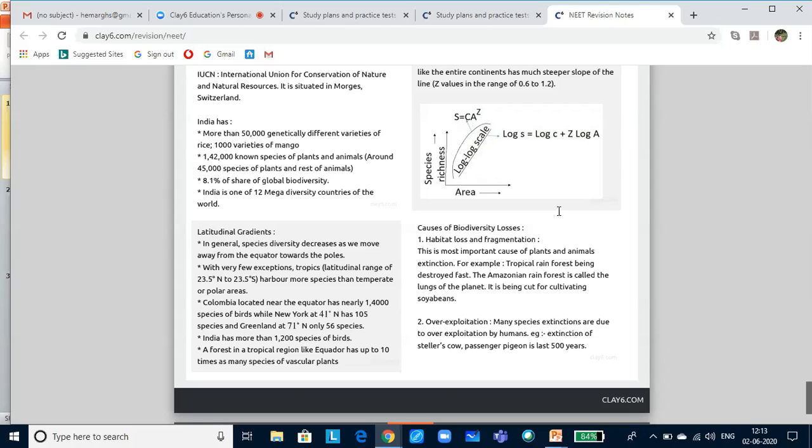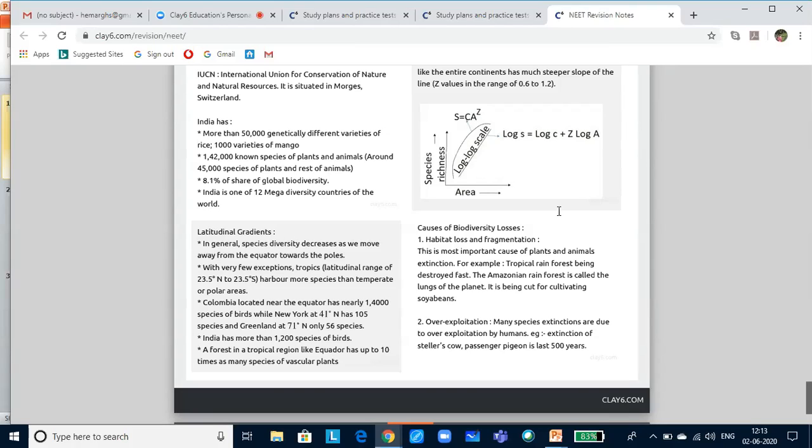If you look at the dodo in Mauritius, quagga in Africa, thylacine in Australia, Steller's sea cow in Russia, and three subspecies of tiger, namely Bali tiger, Java tiger, and Caspian tiger, these are examples of recent extinction. About 27 species have gone extinct during the last 20 years. Some groups like amphibians appear to be more vulnerable to extinction.